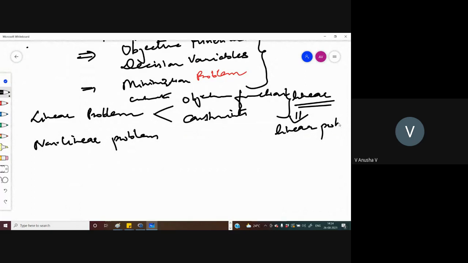When either the objective function or constraints are non-linear, then I will be saying it as non-linear problem. So in non-linear problem, there are two types of problem. One is convex problem, another is non-convex problem.